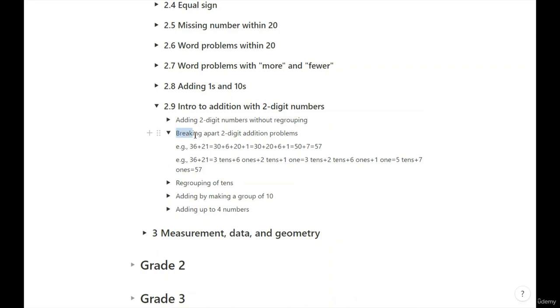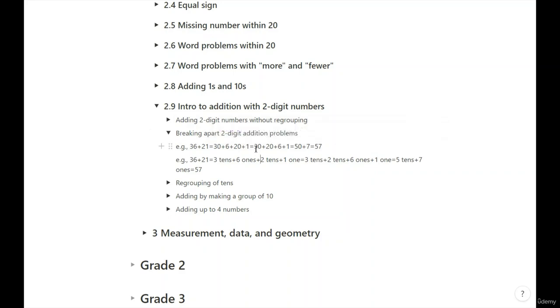So the next point is to break apart two-digit addition problems. For example, 36 plus 21 equals 30 plus 6 plus 20 plus 1. Here we break apart two-digit numbers, 36 into 30 plus 6, 21 broken into 20 plus 1.